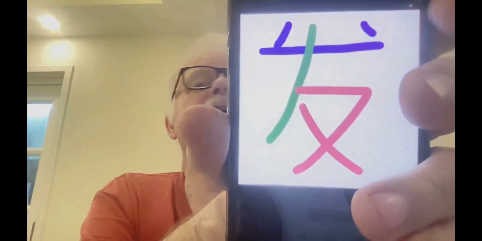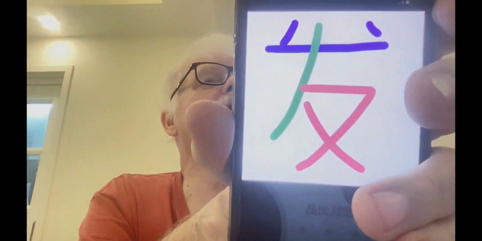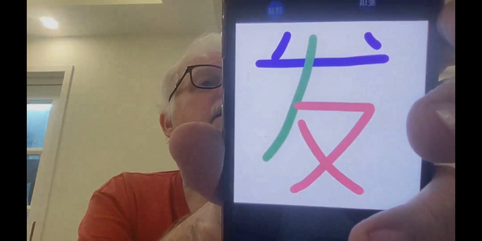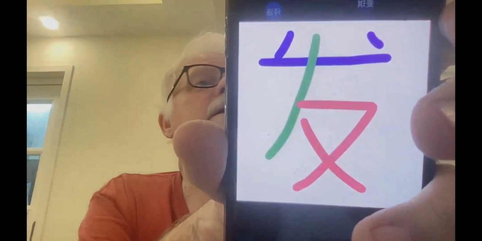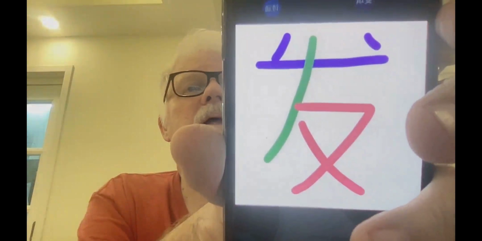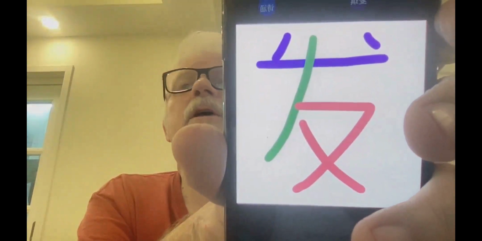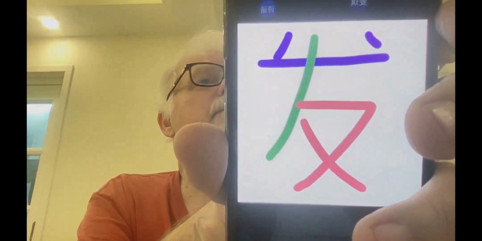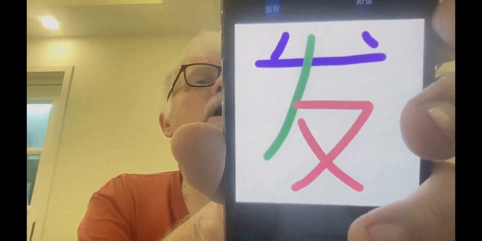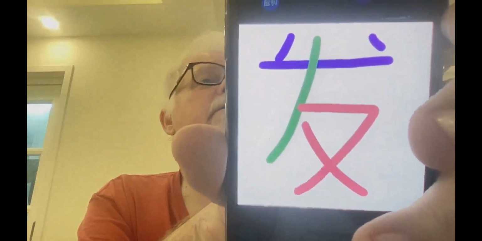Finally, we get to the simplified character. 上面的两个脚变成一横两点，那个弓就变成一个线，然后右手还存在。So every part of every character ultimately comes from a pictograph. If you know the original pictograph and the original logic, you can understand the logic of the character.